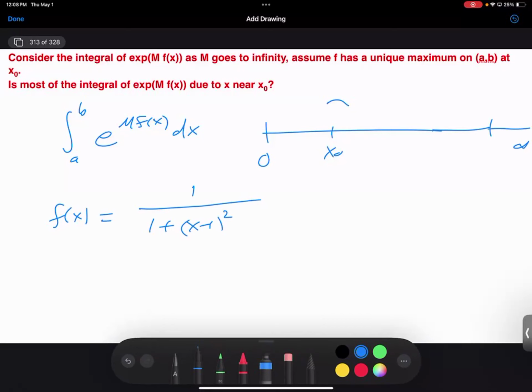This does have some decay as we go off to infinity. Right? And so the largest value is clearly going to be at 1, and it's going to be the largest by a good amount. Now the integral here is going to be infinite. And so from any point onward, you're going to get a sizable contribution.